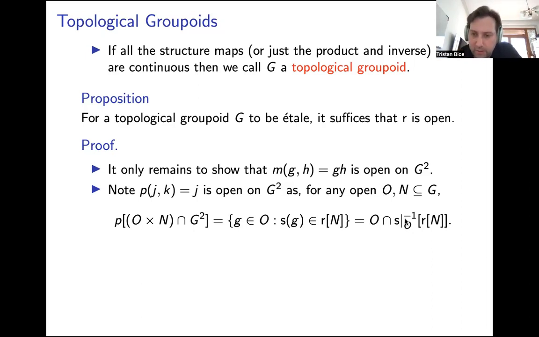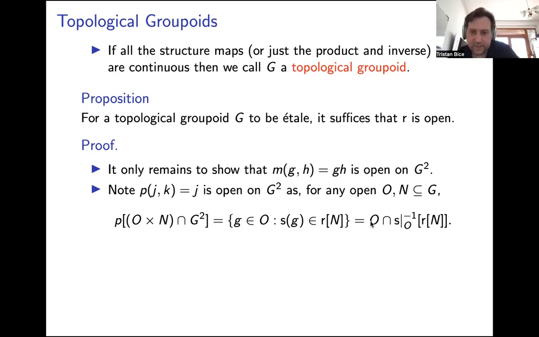No, I think it's fine, right? So I'm not looking at this S restricted to O as an injective function. This is just a pre-image, this S to the minus one here. Okay, I think it's all good. So, okay, look at the restriction of S to O, but then look at the pre-image of these units you get from the forward image of N. Okay, so the pre-image of that lying within O, that gives you exactly this set here, which is exactly the projection onto the first coordinate.